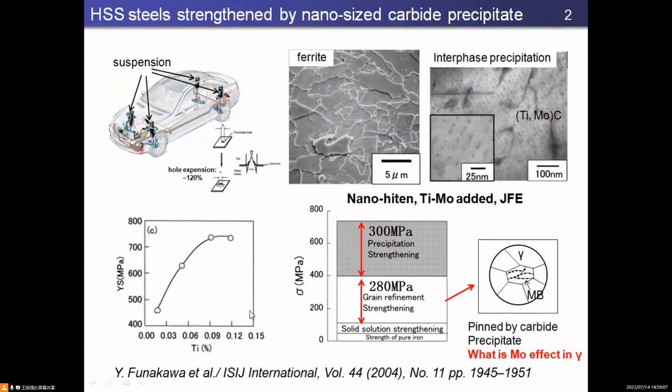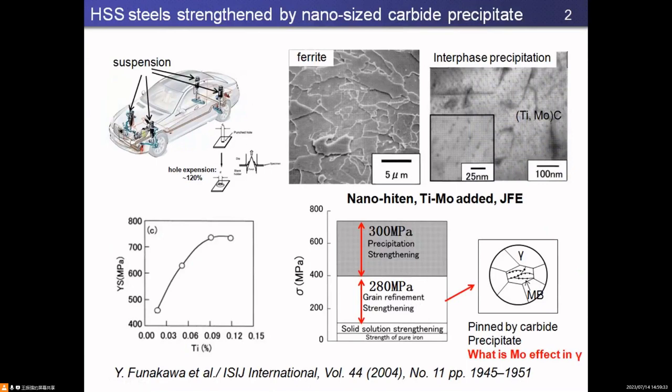But one thing we usually neglect is the grain refinement of this steel. The grain size is about 3 micrometers, and the contribution to the yield strength from grain refinement is about 280 megapascal.